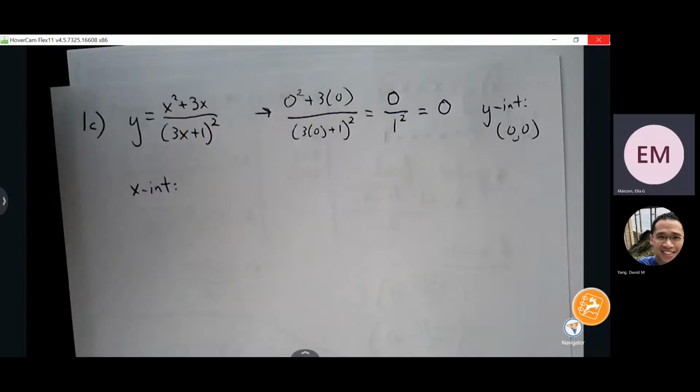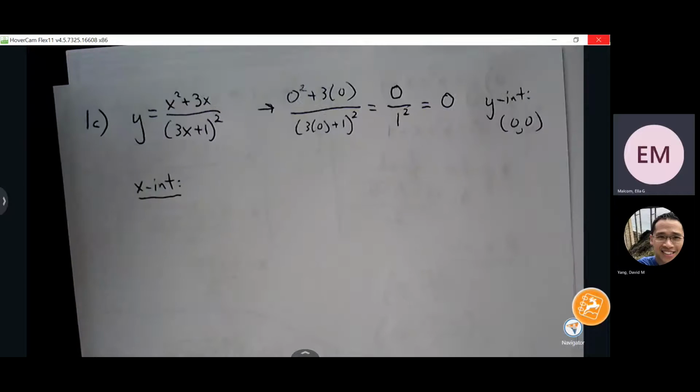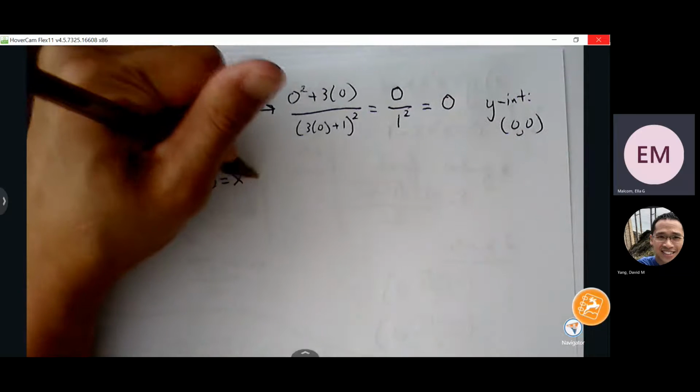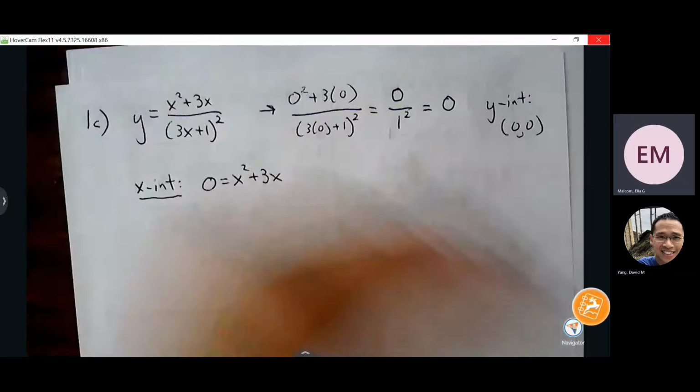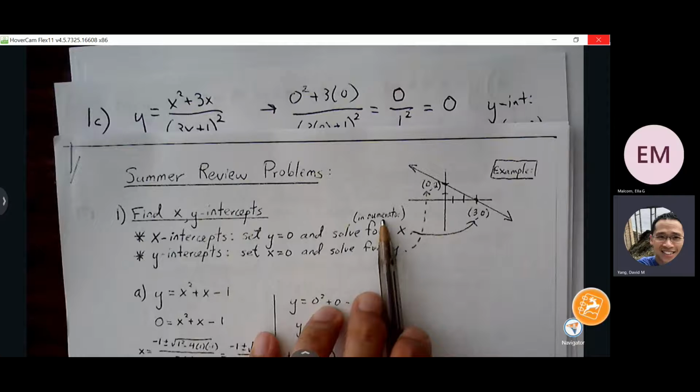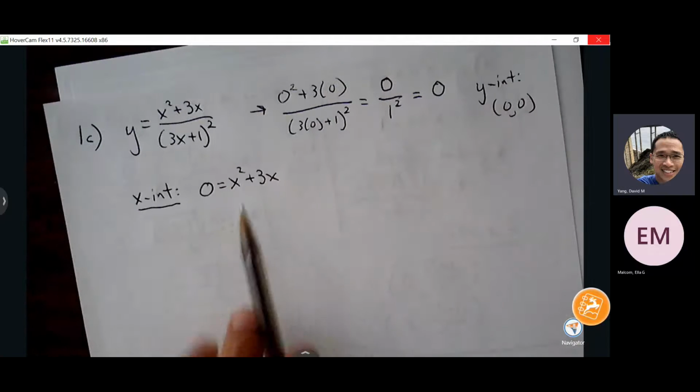So then our x-intercept is going to be 0 equals x squared plus 3x over 3x plus 1 squared. Right, but with x-intercept, we just care about the numerator. Oh, okay. Yeah, if we set the denominator equal to 0, that's something else.